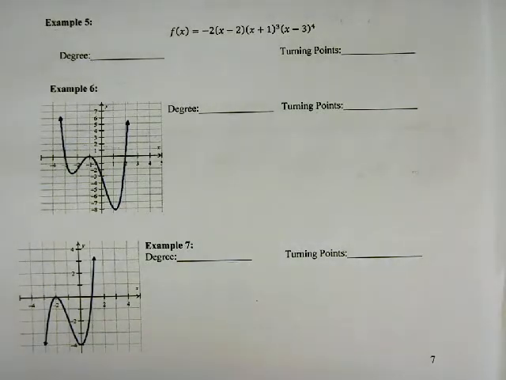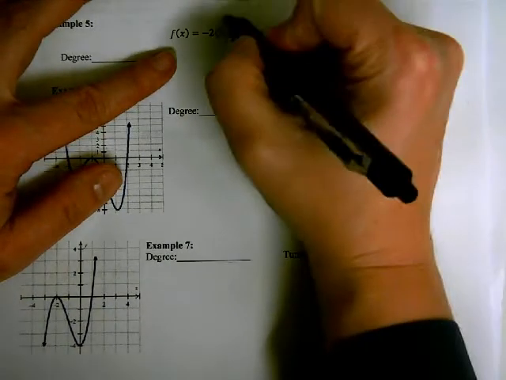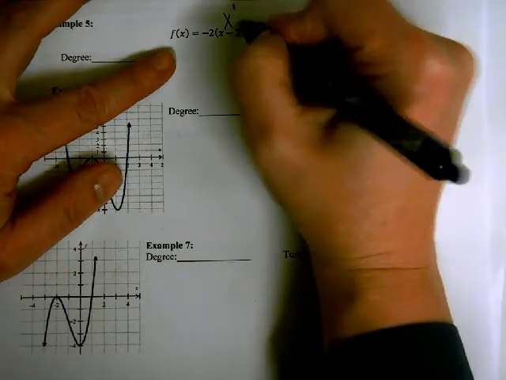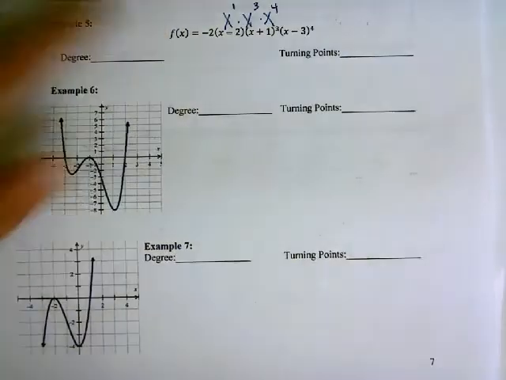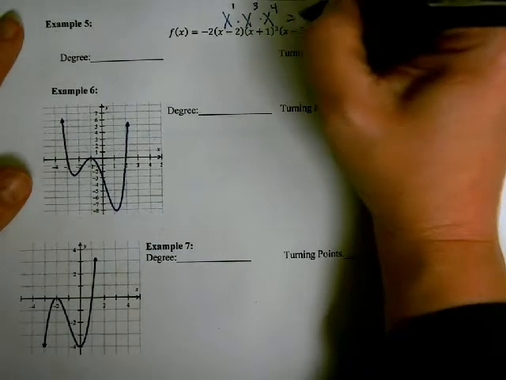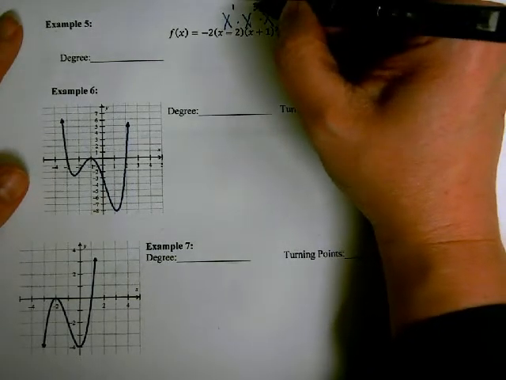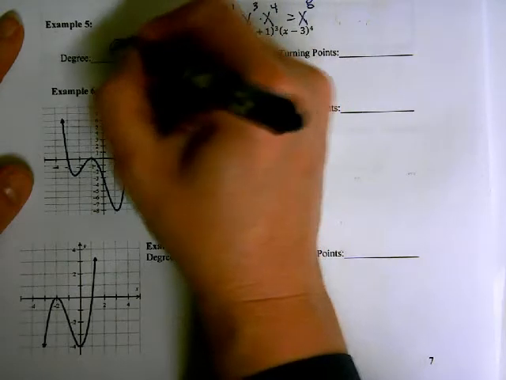The degree of this function using mental math is this x to the 1 power being multiplied by this x cubed power being multiplied by that x to the 4th. When I add all of those up, I get that the degree of this is 4, 5, 6, 7, 8. So the degree is 8.